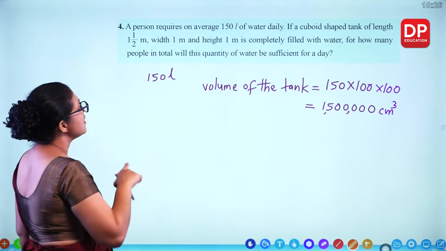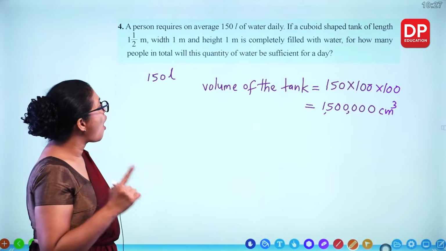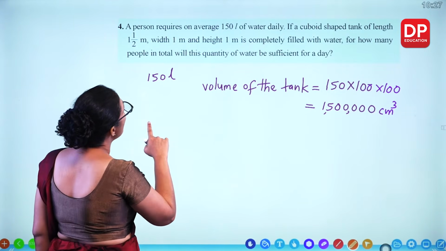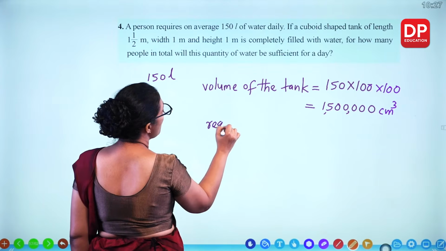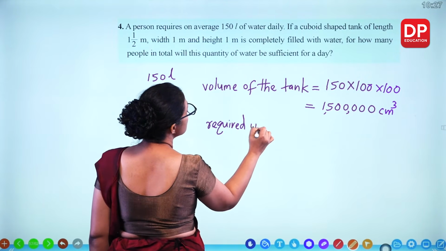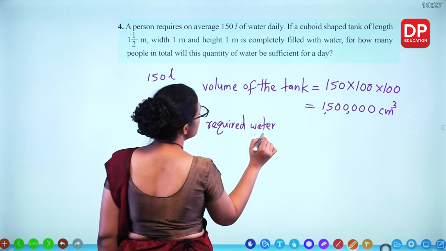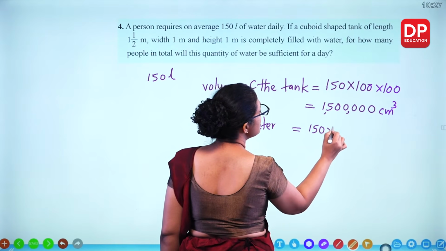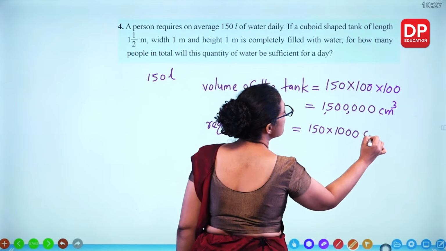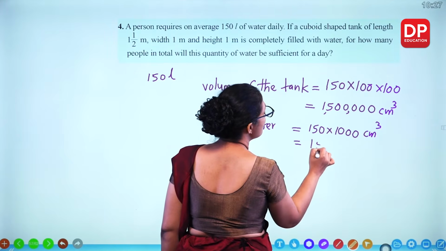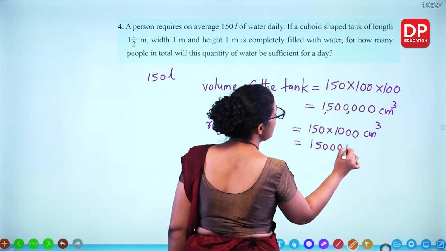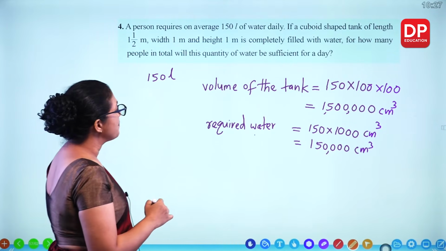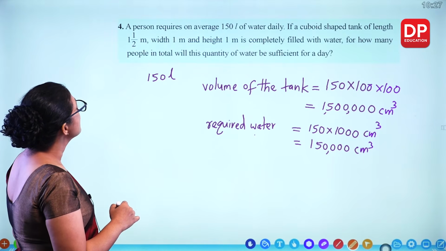So what's the conversion here? 150 liters means how many cubic centimeters of water required? Required water amount is equal to 150 liters, which means multiplied by 1000. 150,000 cubic centimeters.